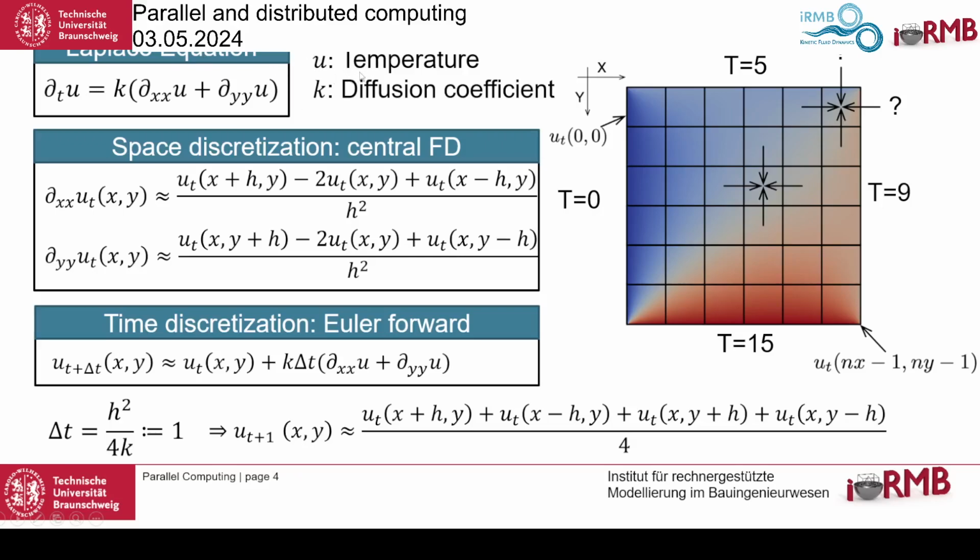I don't remember why we called it u, but this is supposed to be the temperature. Then there is a diffusion coefficient that we call k, and a so-called Laplace operator. The Laplace operator is the second derivative of the quantity in x plus the second derivative in y. If it were a three-dimensional problem, there would also be the second derivative in z, but because it's two-dimensional, this drops out and we just have these two derivatives.